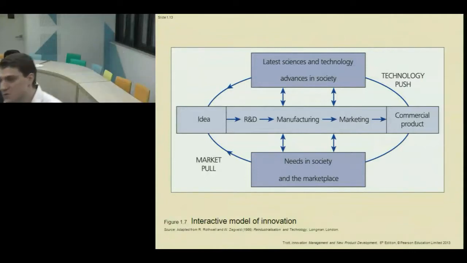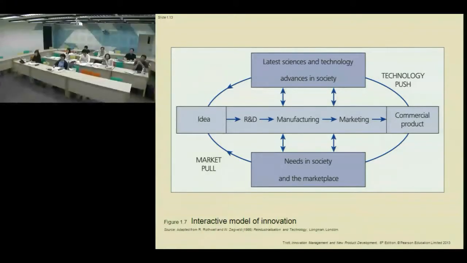And those arrows, in fact, show the interactions between, for example, the latest technology and the production process, and also the market needs with the production process.